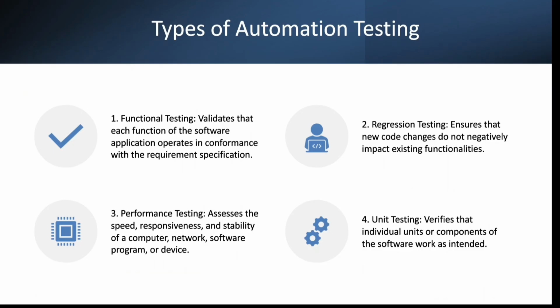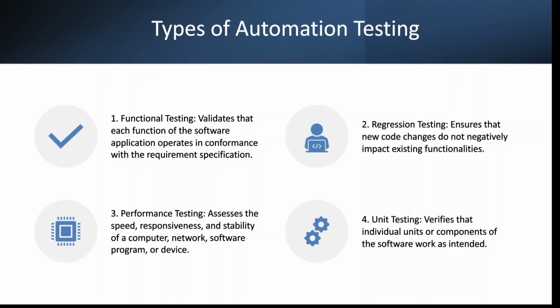First is functional testing. When we automate functional scenarios, it is called functional testing, where we check our software. These are critical scenarios that need to be automated, and that is most important. Industries are adopting automation because of regression testing.